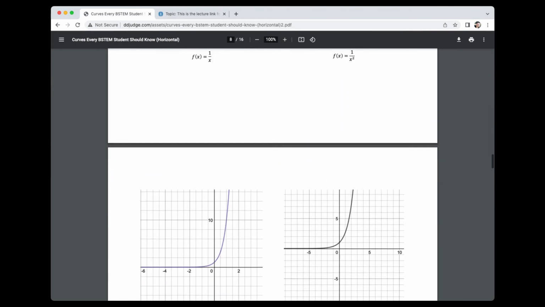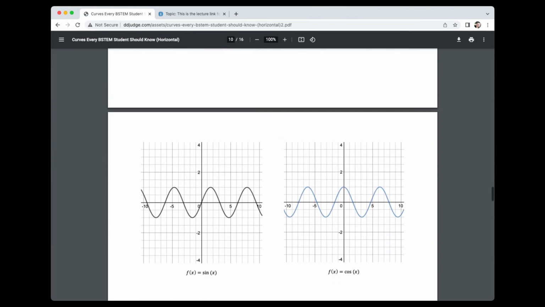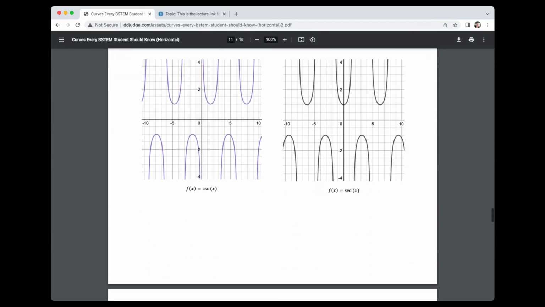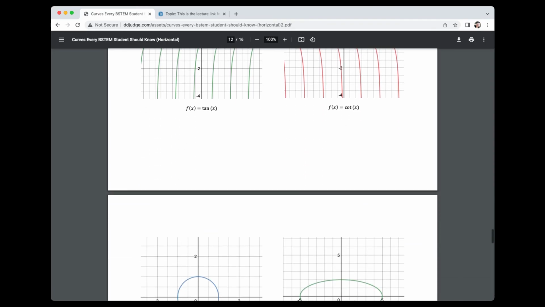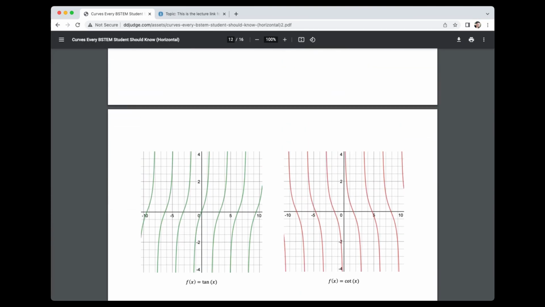Then you get down to the logs and exponentials, and then the trig functions: sines, cosines, secant, cosecant, tangent, cotangent. And then you have the relations. I give this to students because in a calculus course, you've studied all those basic curves, and how you translate and move them around. So that comes in use in a calculus course, ladies and gentlemen.